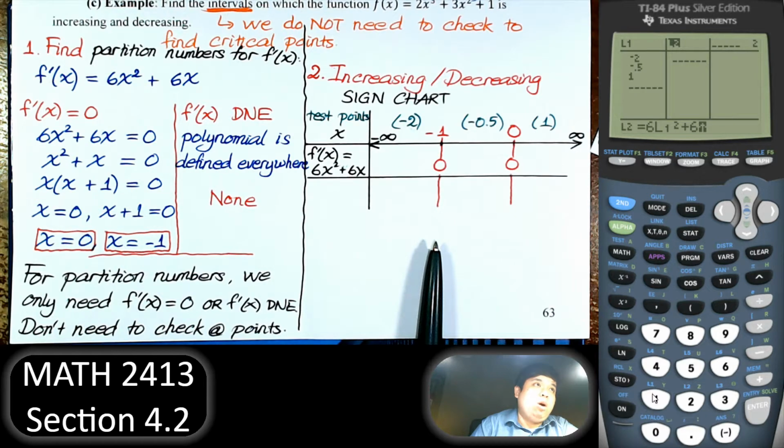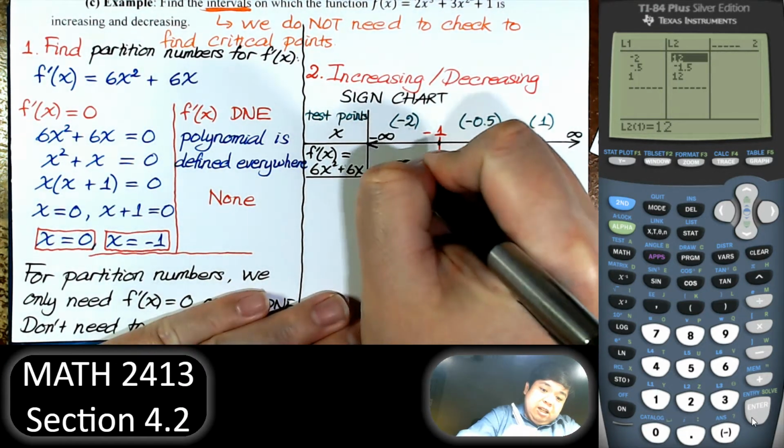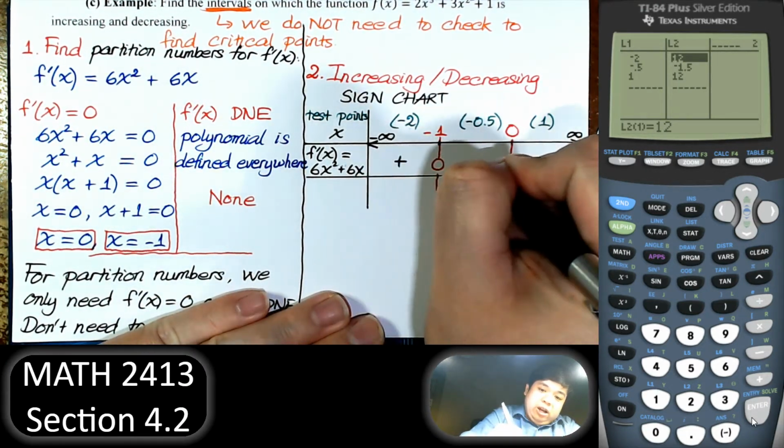You have to use L1 though, which holds those numbers. So all we need is positive or negative.